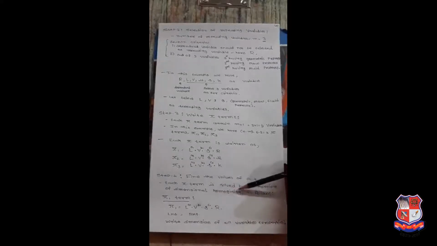Step 4. Find the value of these arbitrary powers. Each pi term is solved by the principle of dimensional homogeneity as follows. Let's start with the pi 1 term. This is the equation of the pi 1 term, left hand side and right hand side. Now write the dimensions of all variables or properties.